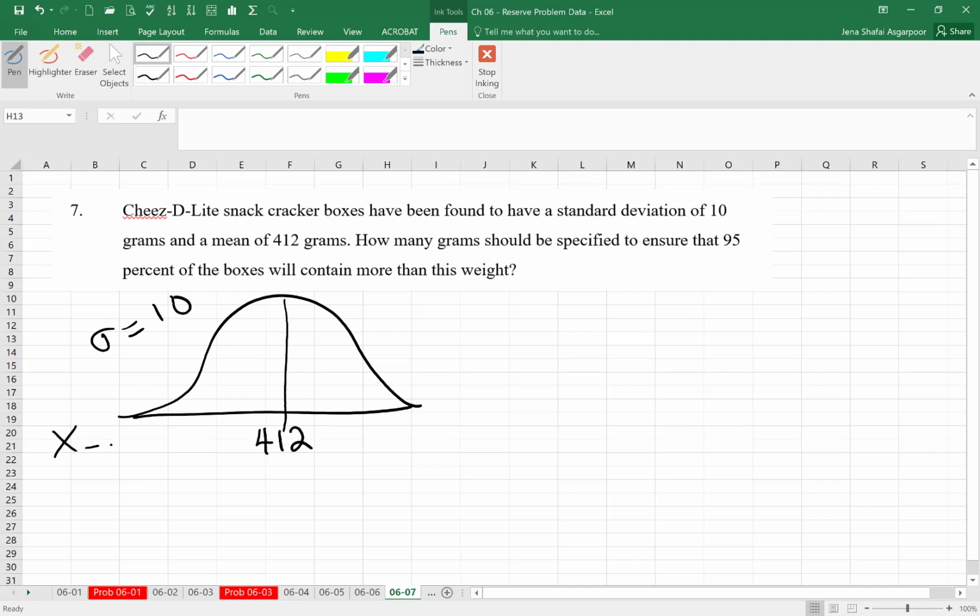That's on the x-axis. How many grams should be specified to ensure that 95% of the boxes will contain more than that weight? So if you want 95% of the boxes to contain more, then that means that our x value should be over here, so that this area to the right of it would be 95% of the area under the curve.